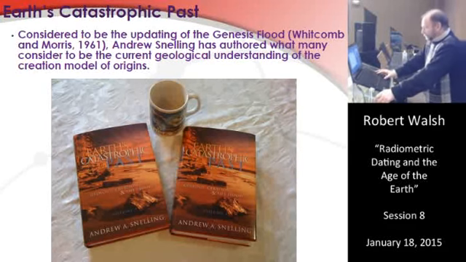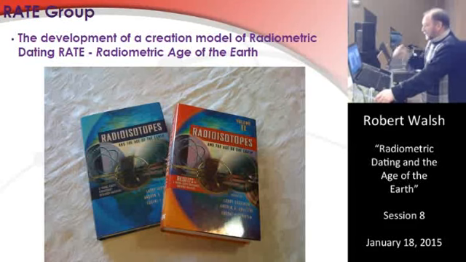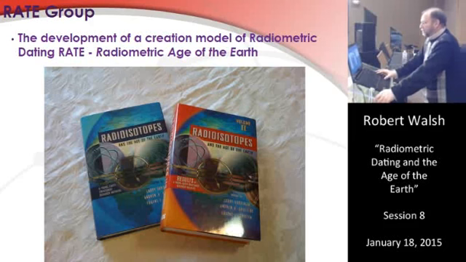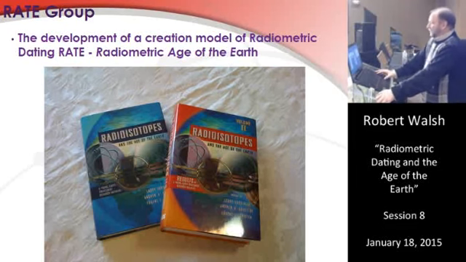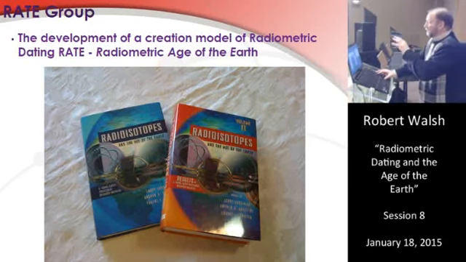And then finally, what is very relevant to what we're discussing today is what's called the RATE project. This, of course, stands for Radiometric Age of the Earth, and this is a two-volume set. The blue book on the left is kind of an introduction to the material, and it describes the research project that this set of materials was written around.